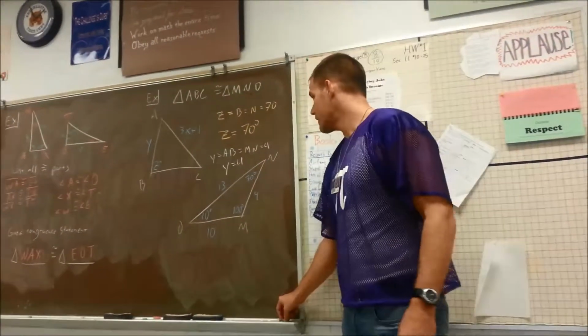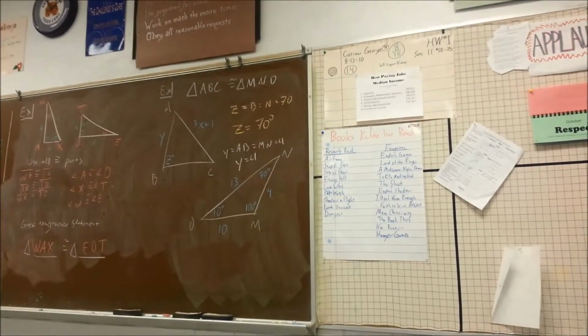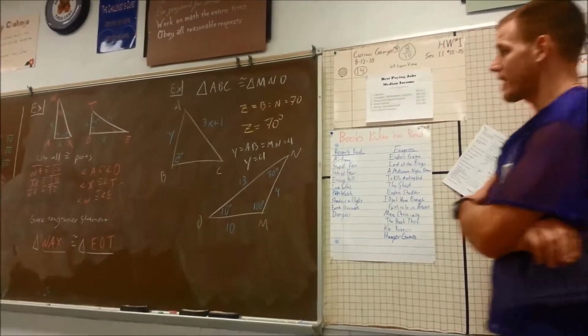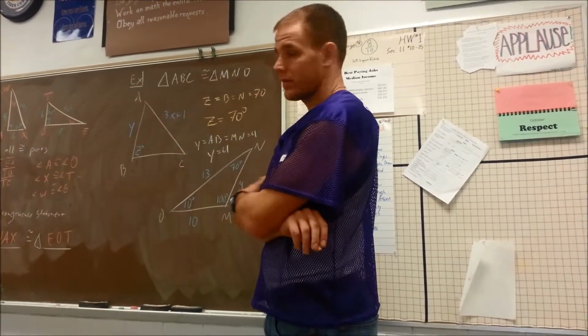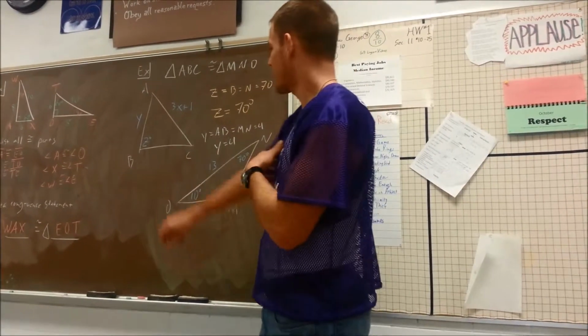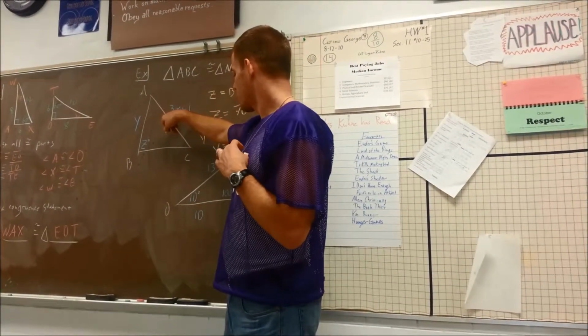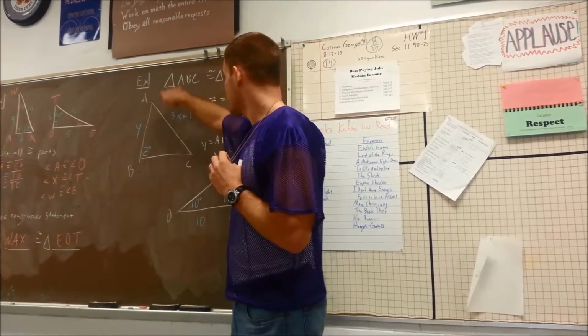All right, last one. How much is X equal to? 3. How'd you get that? 3 times 3 plus 1, 10. Okay, but you said 3x plus 1, that's AC.